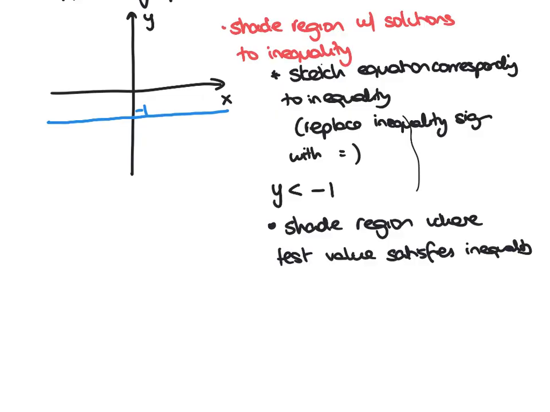So over here, this region down here would satisfy this inequality. And therefore, anything in this region over here satisfies it. Now, there is one thing to note. Because this is less than, values on this line itself are not part of the solution to this inequality.